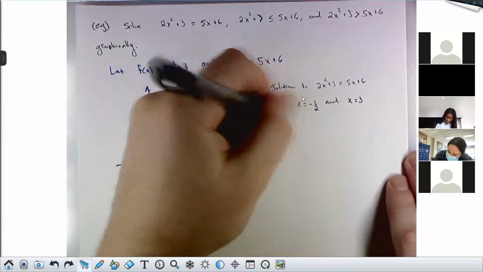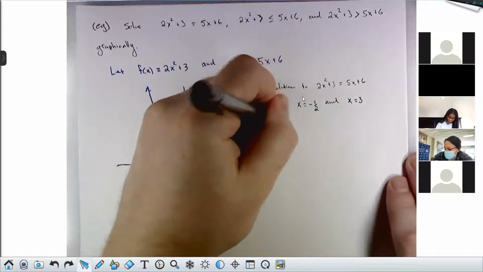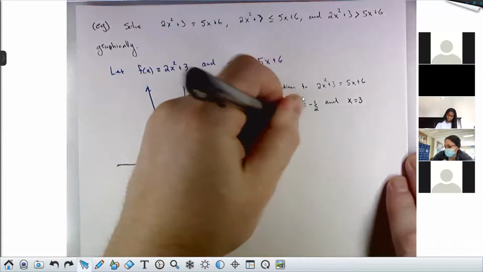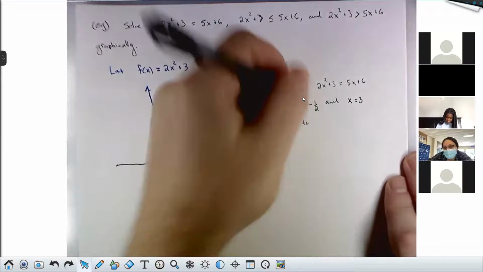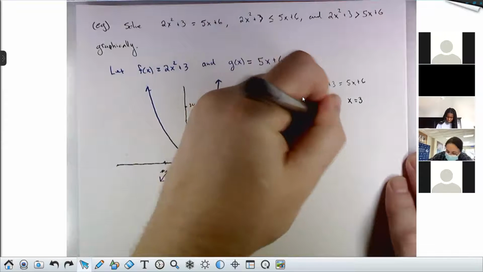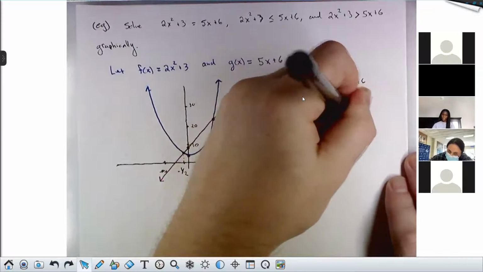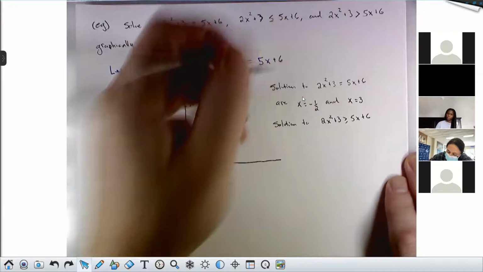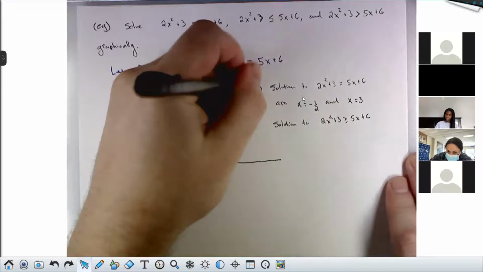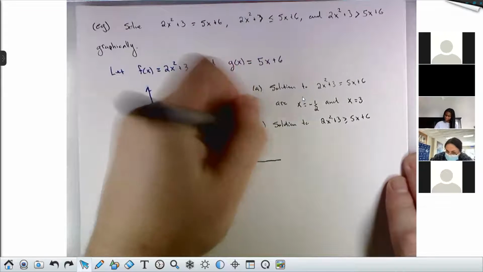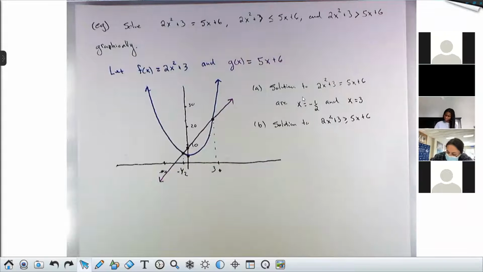Okay. Let's look at the solution to the first inequality. 2x squared plus 3 is greater than or equal to 5x plus 6. In words, what am I looking for here?